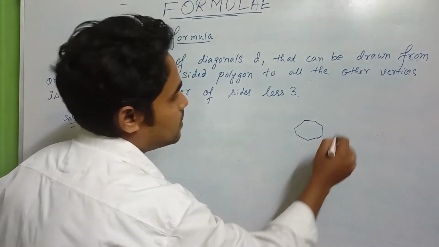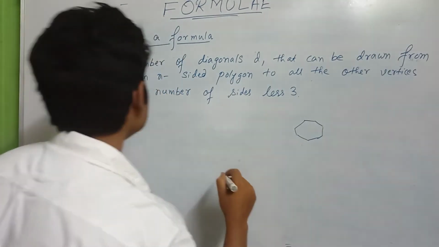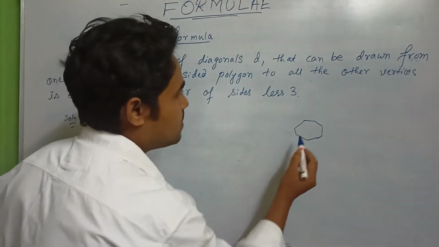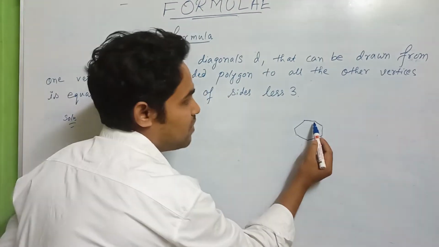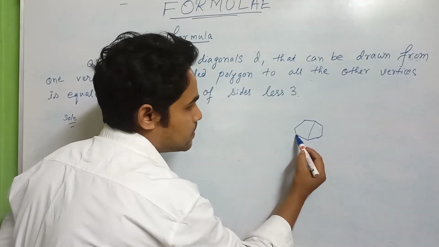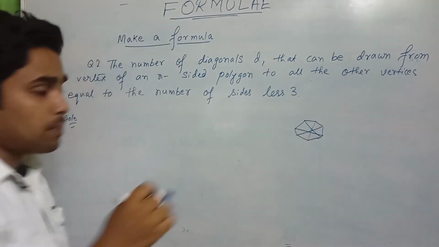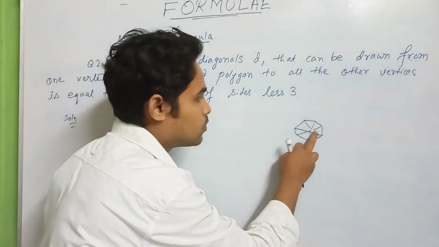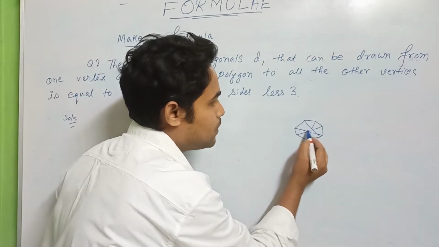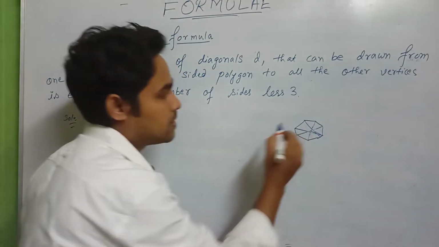This is called a polygon. And diagonal means if we join one vertex to another vertex, then these lines will be called diagonals. But here we need not know this, because we need to find the formula only.